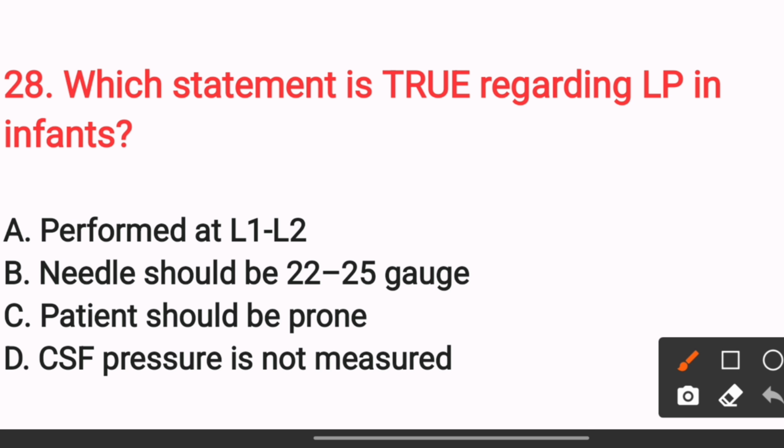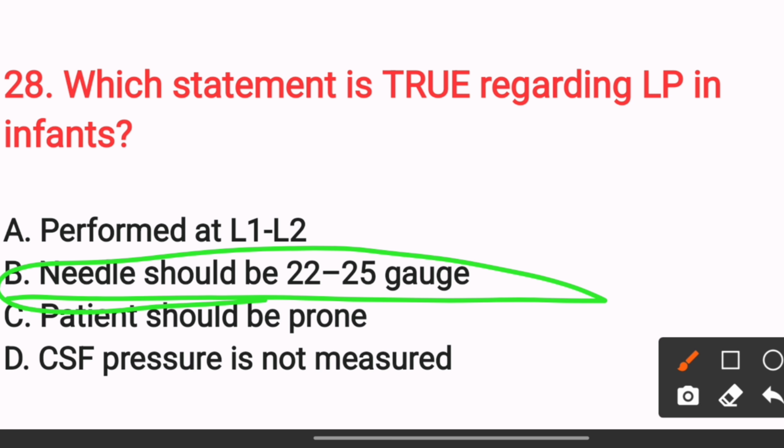The answer is option B, needle should be 22 to 25 gauge, because small gauge needles reduce the trauma. LP is performed at L3, L4 or L4, L5 in infants. So we use a 22 to 25 gauge needle.